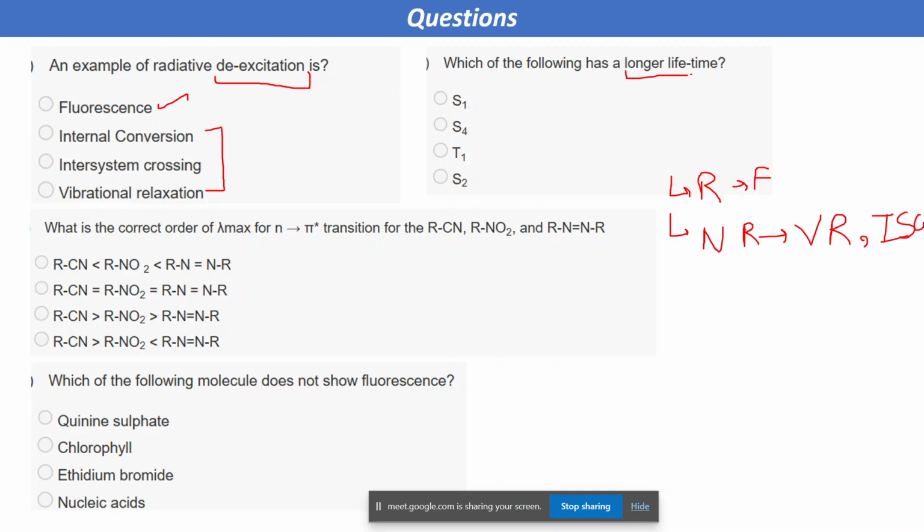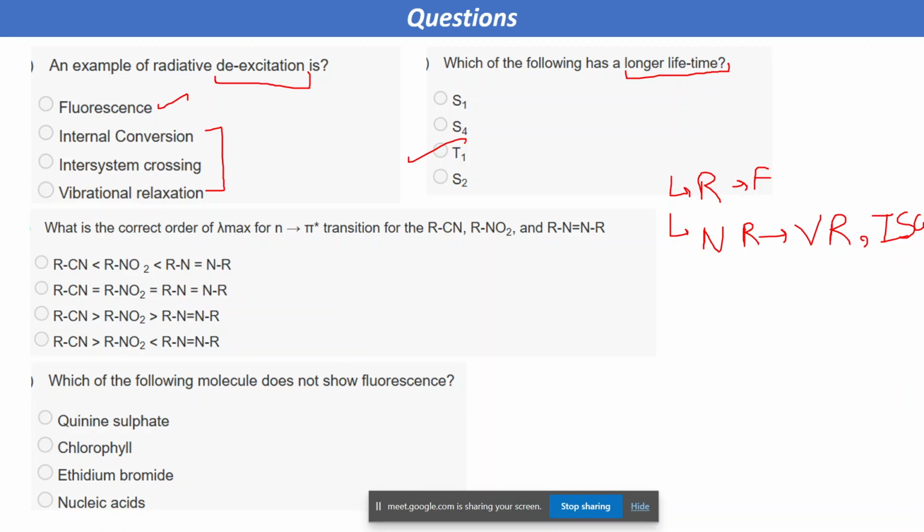Lifetime, as we already discussed, is the time that a molecule stays in the excited state before coming back to the ground state. After excitation, the time that a molecule spends in the excited state is the lifetime. So out of these, the lifetime will be longer in the case of the triplet state. Is it clear?